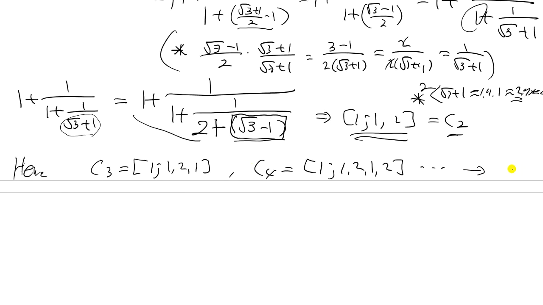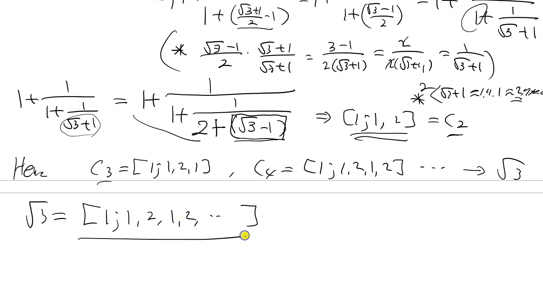And the limit of this is square root of 3, right? Okay, so square root of 3 is the limit of this C_k, and it should look like 1 semicolon 1 comma 2, 1 comma 2. So this is the answer, or you can write 1 semicolon 1 comma 2 bar. Okay, so that's the result for square root of 3.